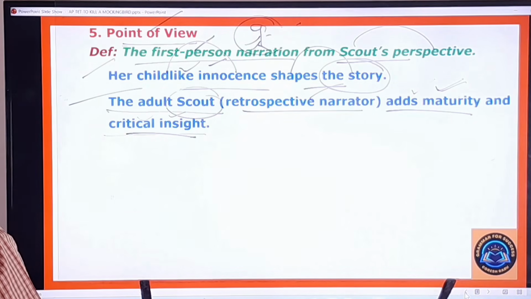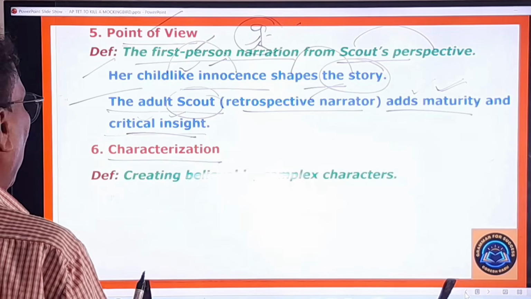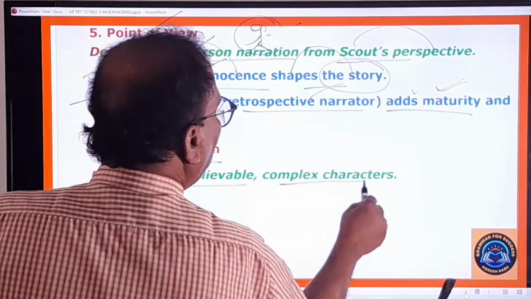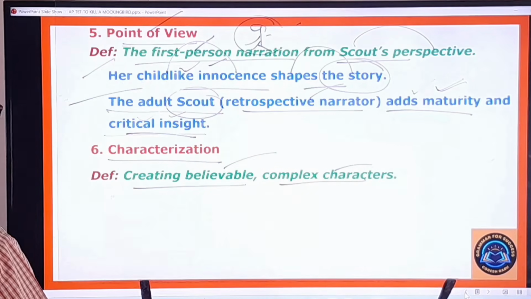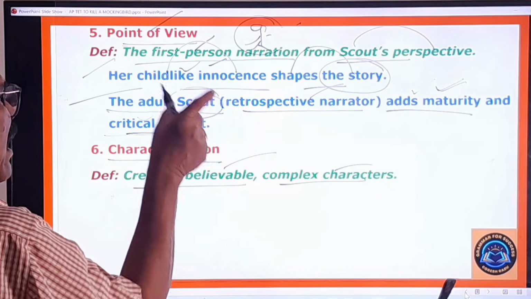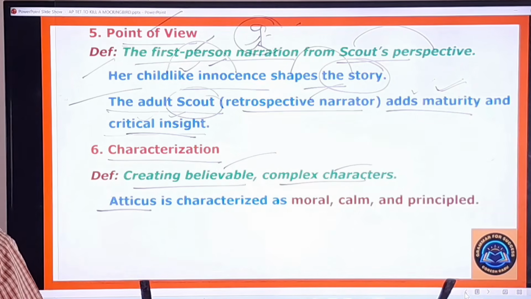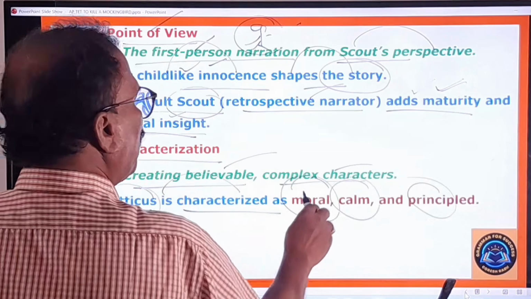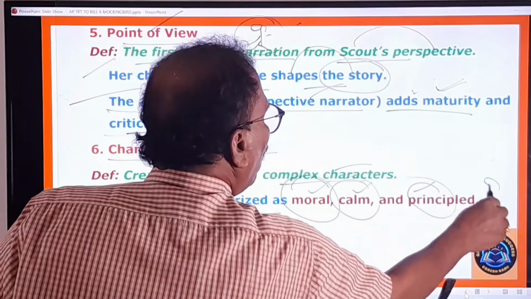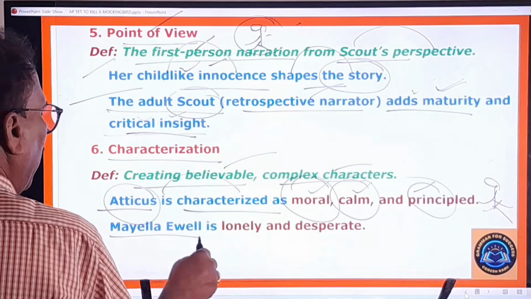Let's go to the next literary device, that is characterization. Characterization means creating believable, complex characters. So here you pay attention, Atticus Finch is characterized as a moral, calm and principled person. And here, Mayella Ewell.